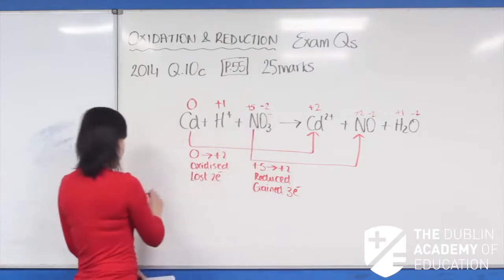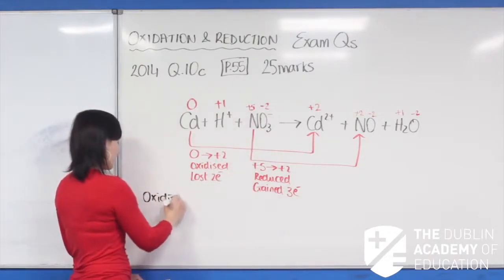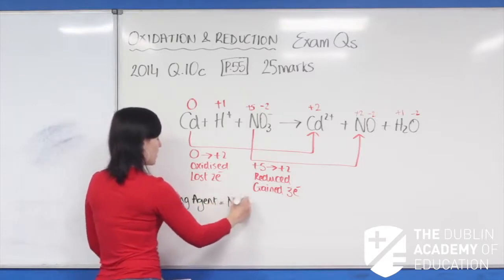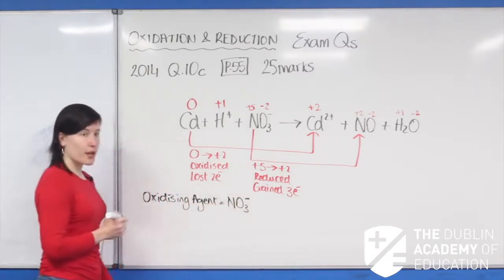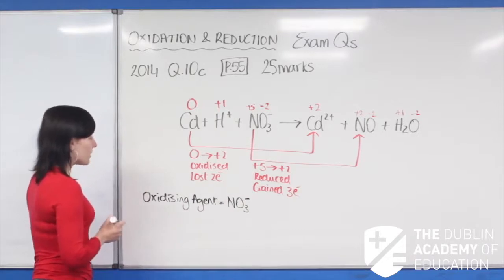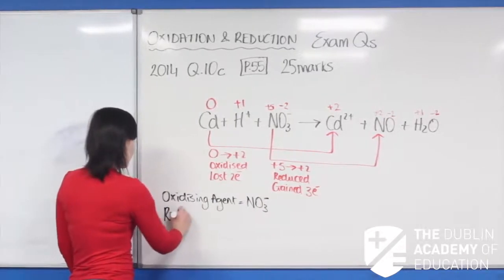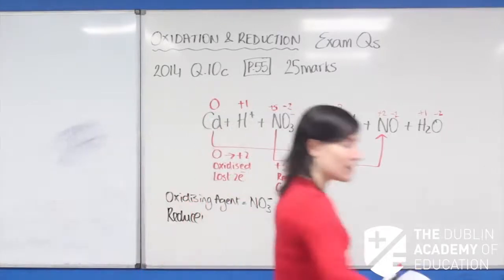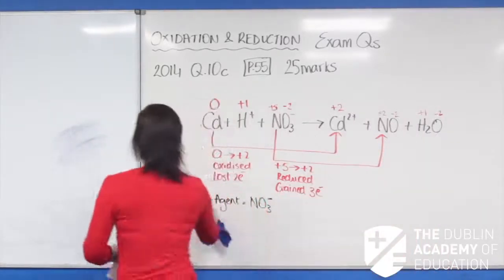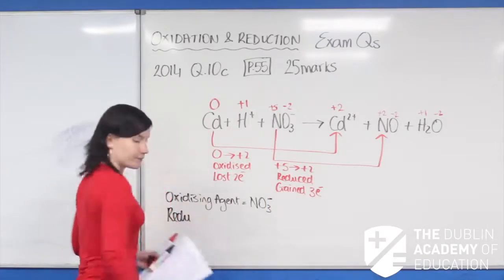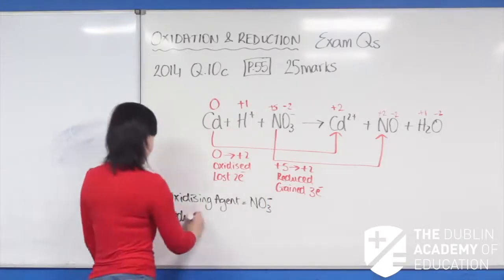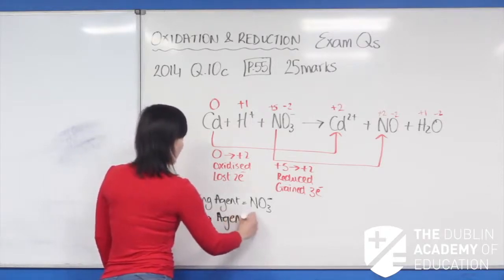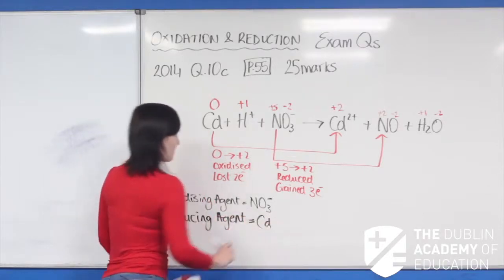Okay, so our oxidizing agent is NO3 minus. Okay, NO3 minus. And then our reducing agent is the species that is oxidized during our reaction, which in this case is our cadmium.